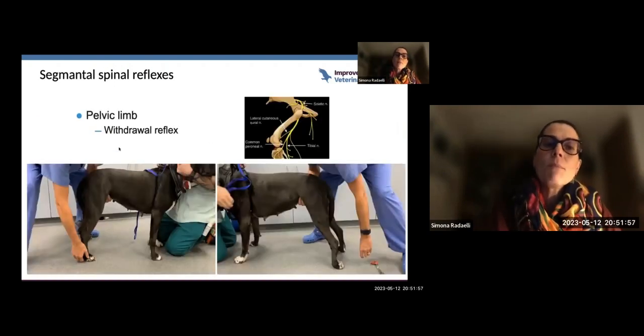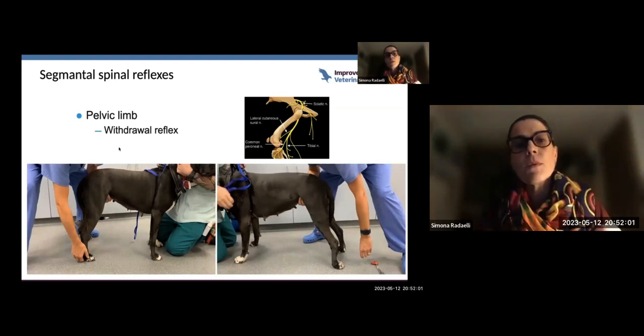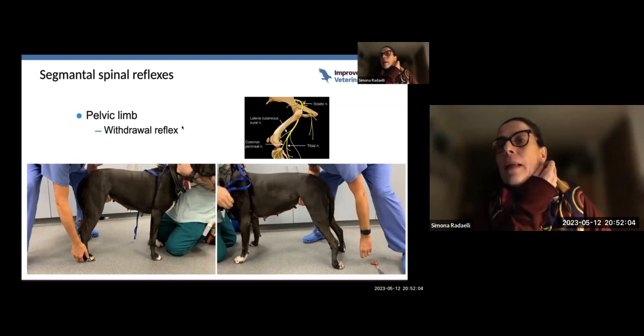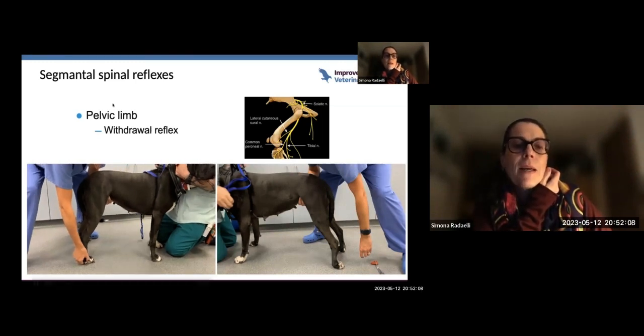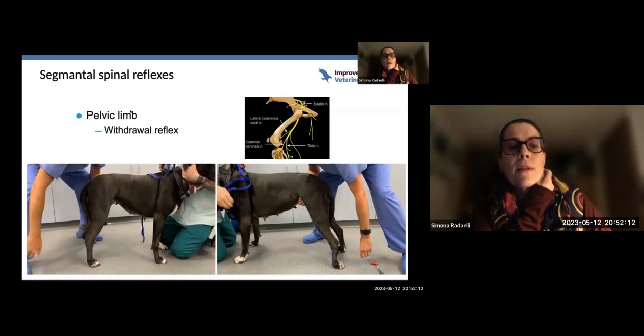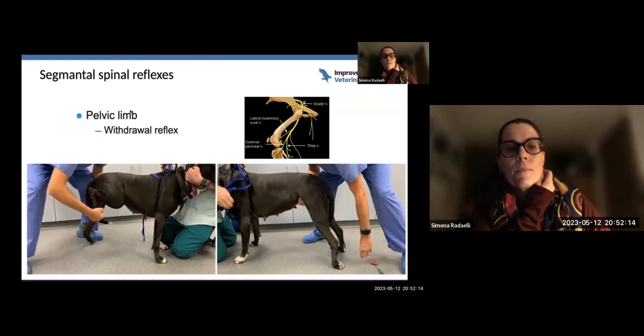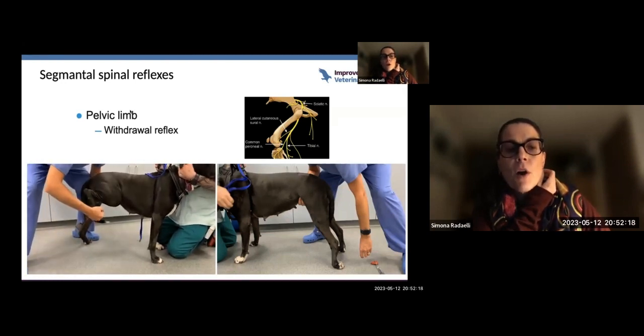In the pelvic limbs, we check two major reflexes. One is the withdrawal, which tests mainly the sciatic nerve. We can see in this big dog the right hind has a good withdrawal, with flexion of all the joints, especially the hock.